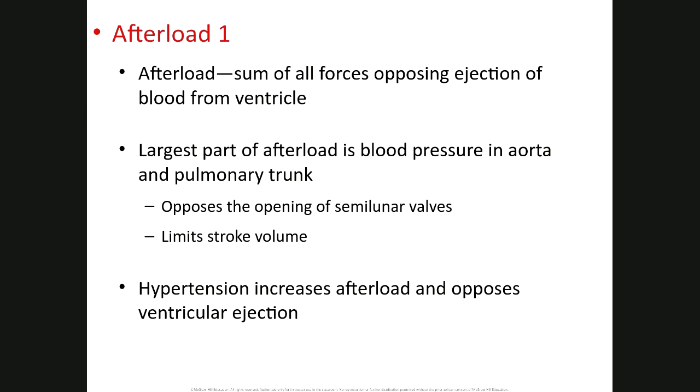Then that blood, which is already in the pulmonary trunk and aorta, is blood that can be pushed by the heart with this new blood. But if there are pressures after this in the aorta, which is high blood pressure, then you're pushing against a pressure higher than normal.